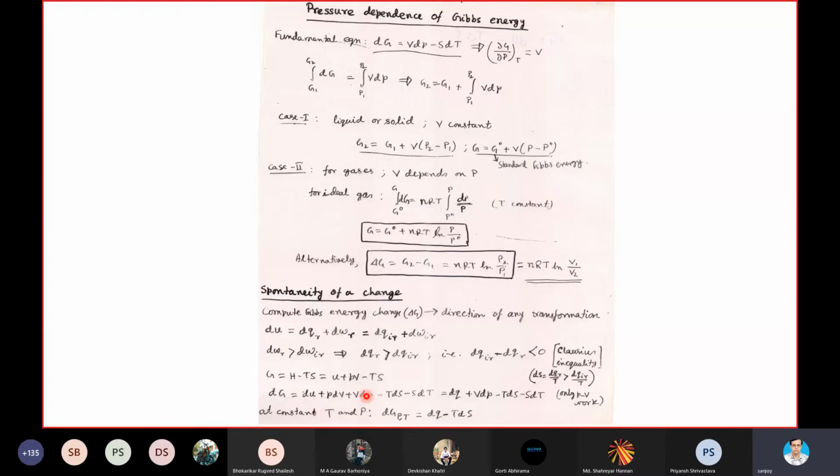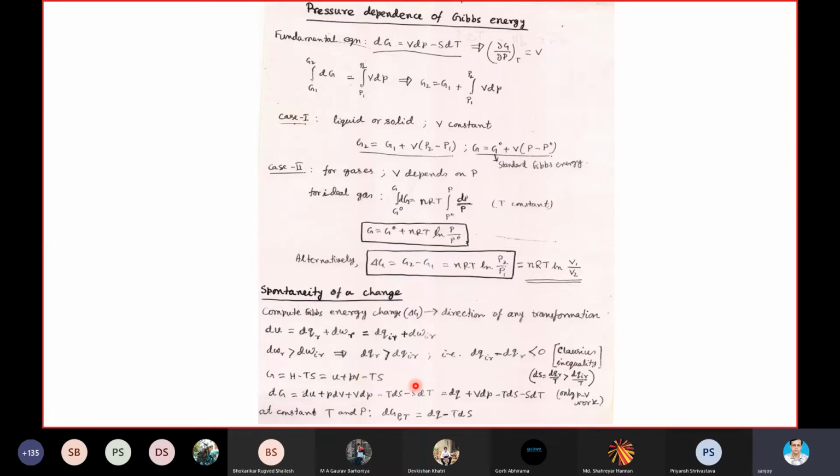Okay. Let me tell you once again, in case you have any confusion. We are trying to find out a condition for the spontaneity of a process, and I told you that the Gibbs energy change gives you that information. If you want to know whether a process is spontaneous or not, you need to measure the Gibbs energy change for that process. Now, how are we coming to that expression?